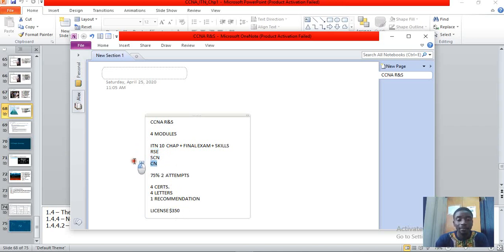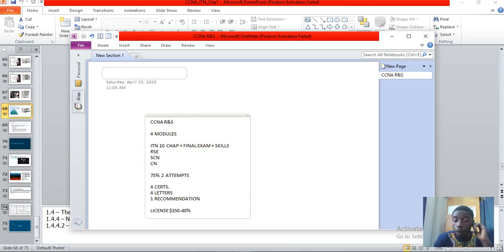If you also pass module 4, Connecting Networks, on the first attempt with the pass score of 75%, you will have a discount of, for instance, 40%. A discount of 40% is a whole lot of money that you can save yourself. That's why it is advantageous to do this routing and switching academy with an institution like Quantum Net Institute of Technology. So that is a roundup of the CCNA.